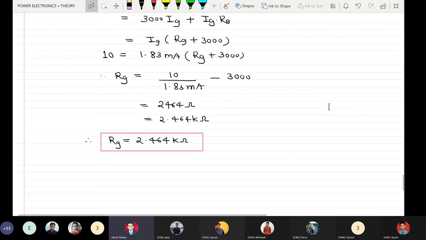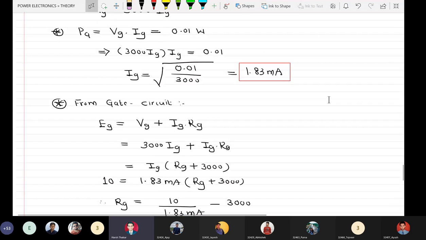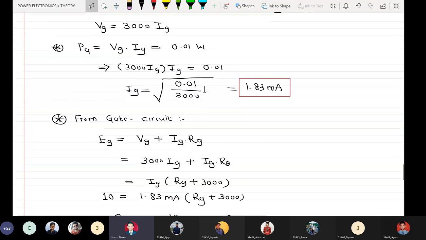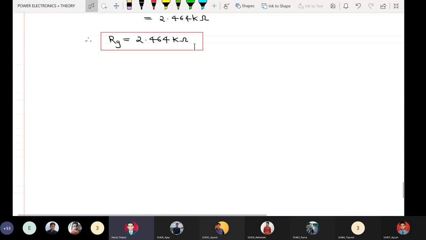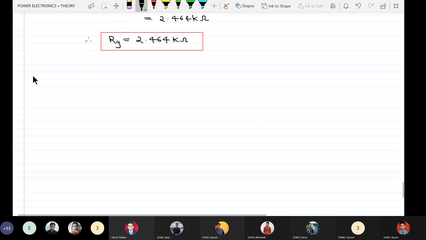Yeah, so we have one more interesting numerical here. This is having some different details. I'll tell you how to solve it.